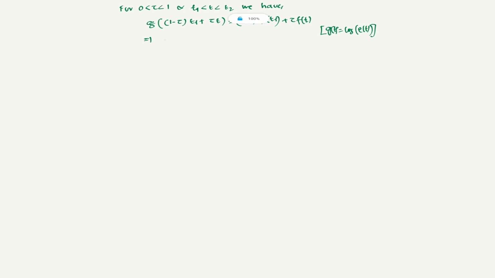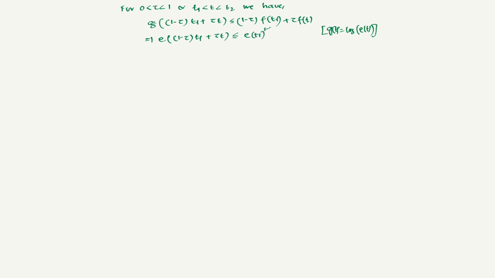It is g of (1 minus tau) t1 plus tau t, which is less than or equal to, since log is there, so this will go inside, e of t1 to the power (1 minus tau) times e of t to the power tau. Okay, this is for 0 less than tau less than 1. Clear?